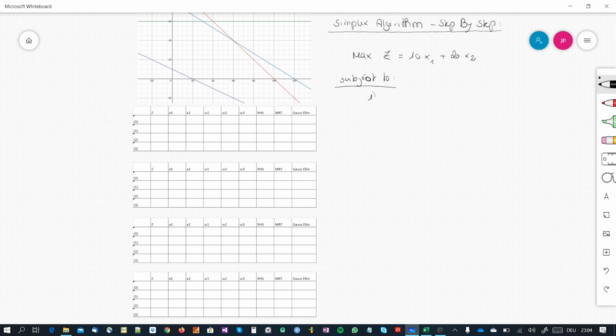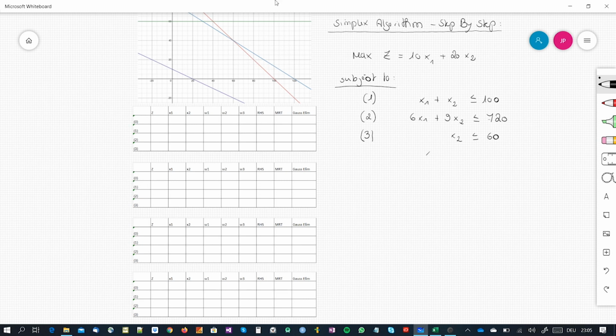three constraints, defining the boundary. The first is x1 plus x2 smaller or equal to 100. The second constraint is 6x1 plus 9x2 smaller or equal to 720. And the third constraint is x2 smaller or equal to 60.